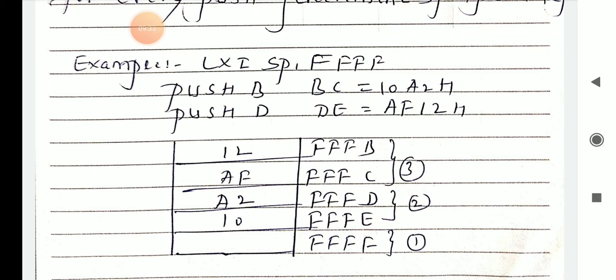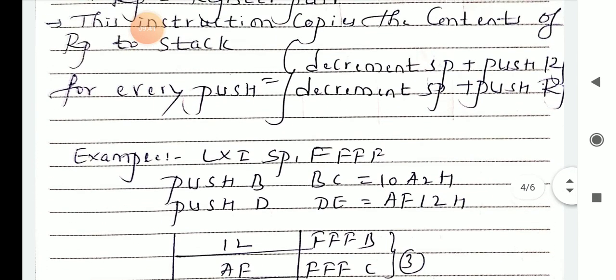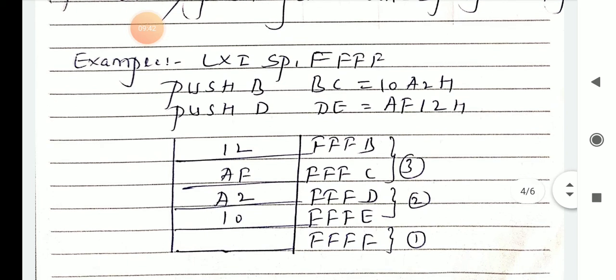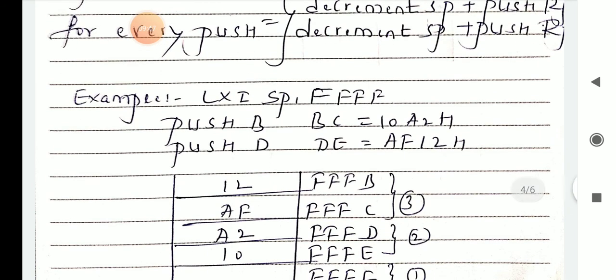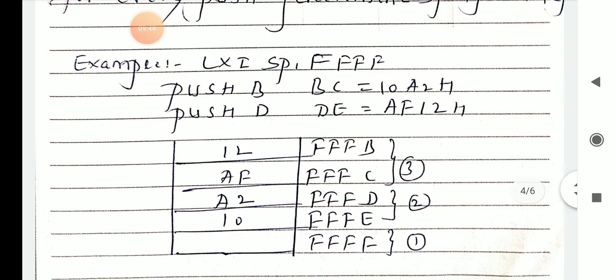First you decrement whatever the FFFF is. You write the decrement of the stack pointer, FFFE. Okay, so write the value of the high bit, that is 10. Then again you decrement the stack pointer, FFFD. Then you write the low bit, that is A2. Okay, so this is clear for PUSH B.